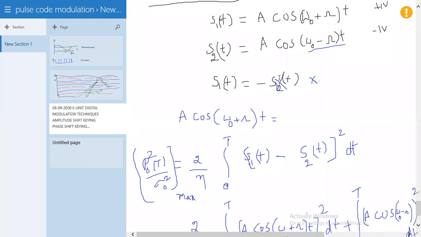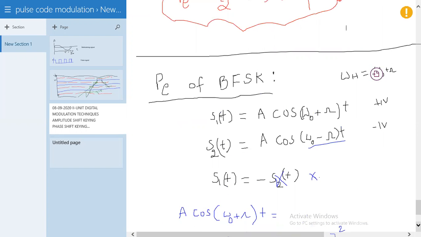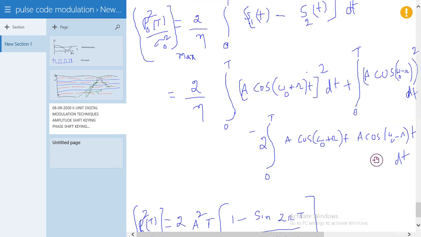So the procedure for calculating PE is, first you have to calculate the signal power to noise power, P naught square of t by sigma naught square, equal to, this is the equation, 2 by eta integral 0 to T (S1 of t minus S2 of t) whole square into dt. You know what S1 of t and S2 of t are, so according to that you can calculate them here.